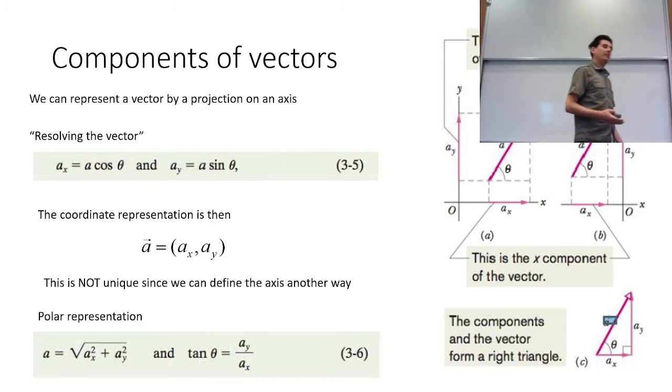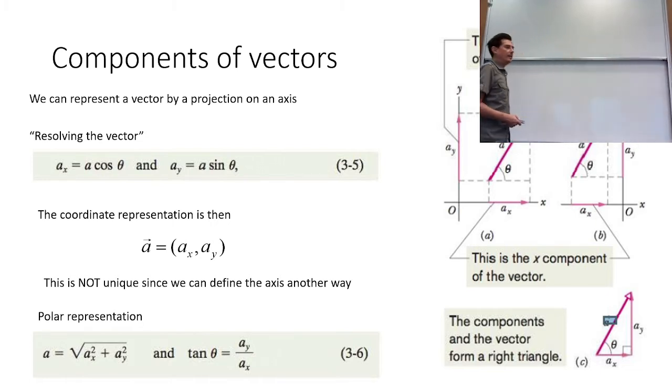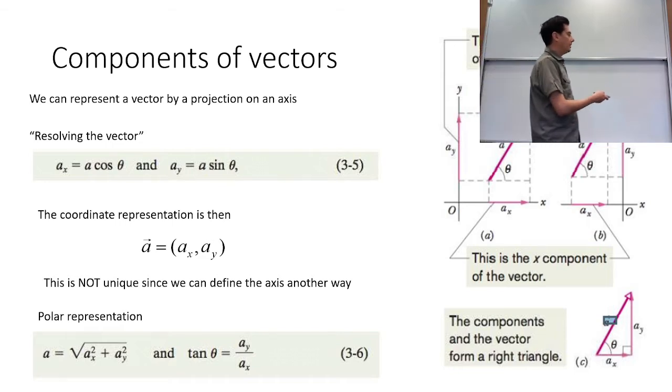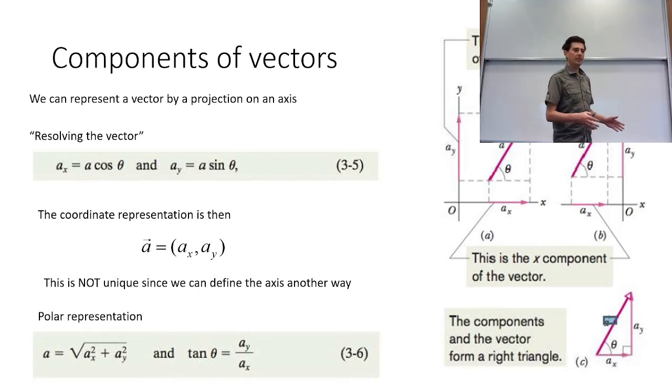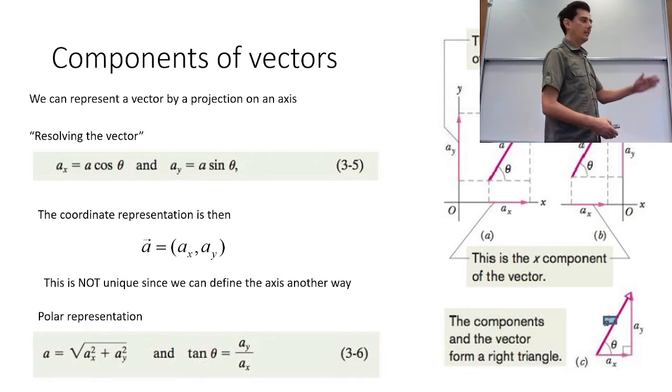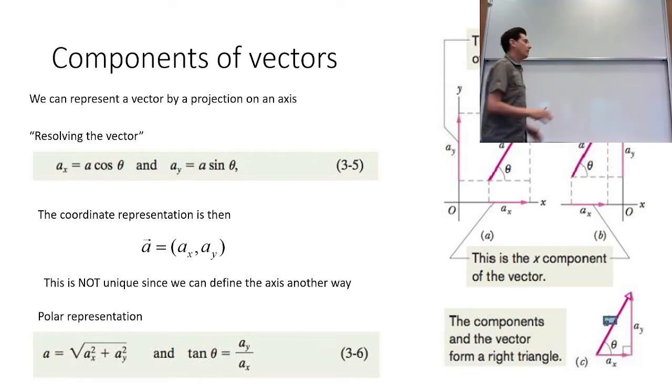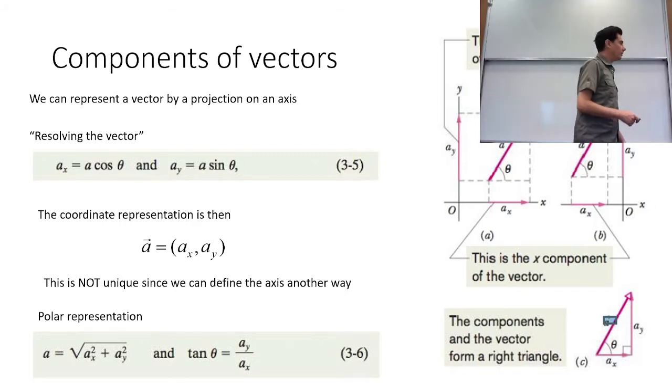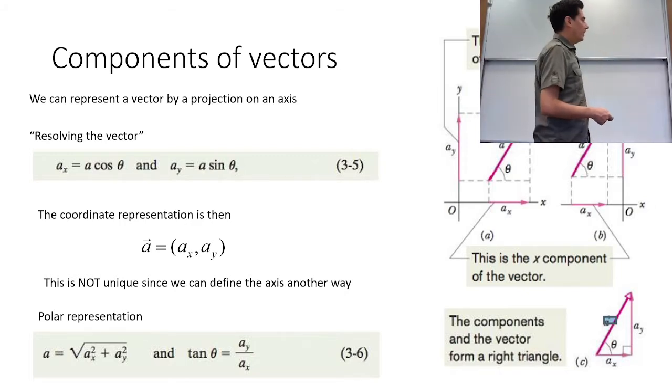You view the vector as an intrinsic object, and the coordinates are arbitrary according to how you view it, but the vector itself never really changes. So the vector has an intrinsic truth to it, but the coordinates just depend upon how you view it. So we'll come back to that point later.